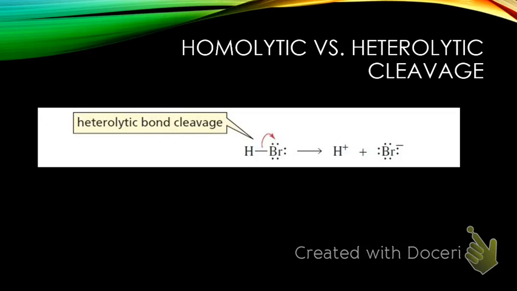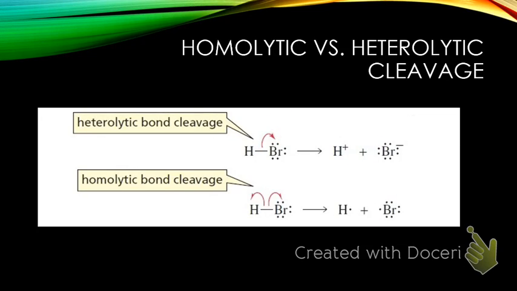Please note the arrow: this is a double-sided arrow, so it means that both electrons are going together in the same direction. The way this would read is we have these two electrons going towards the more delta minus bromine, and so we have a heterolytic cleavage. We're left with a proton, the H+, and a bromide anion, Br minus, because it has 8 electrons around it.